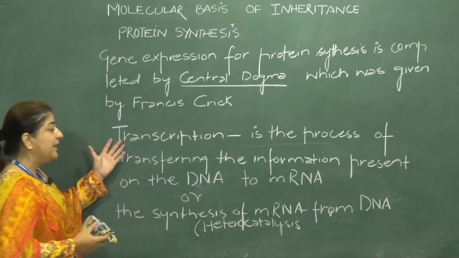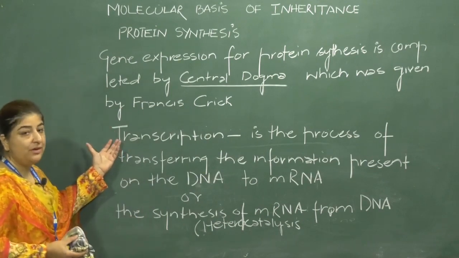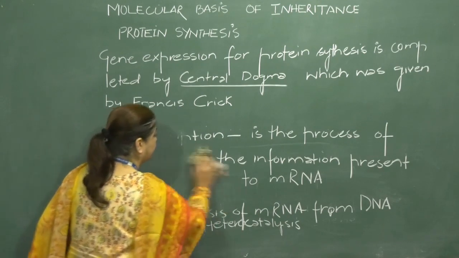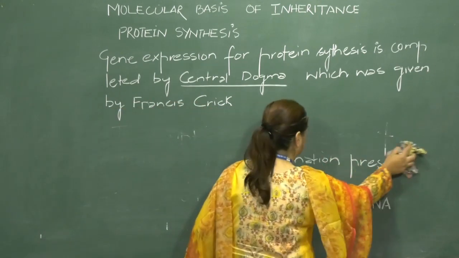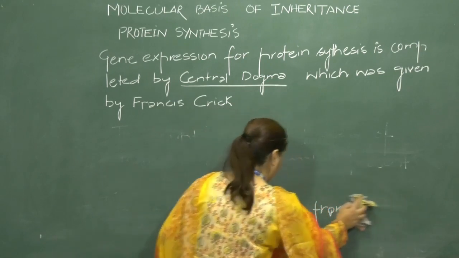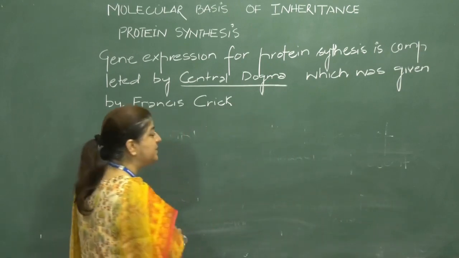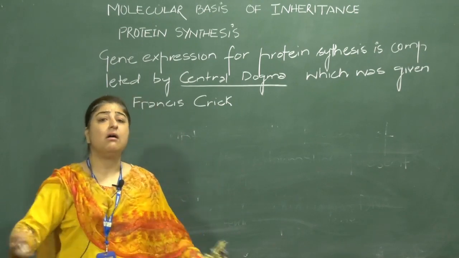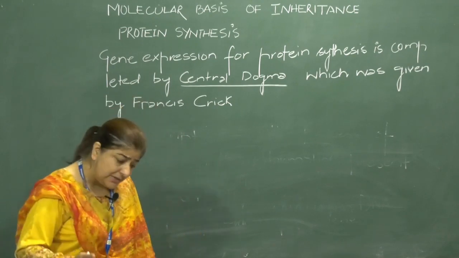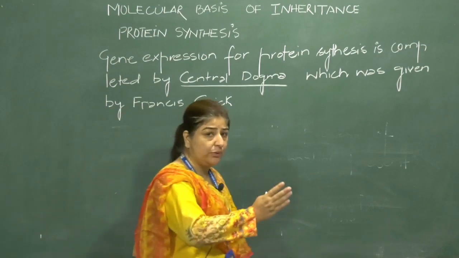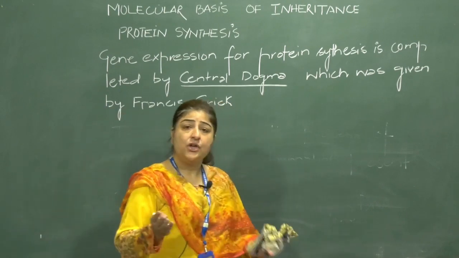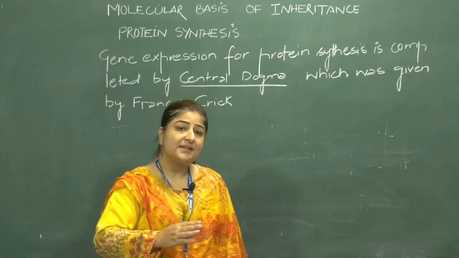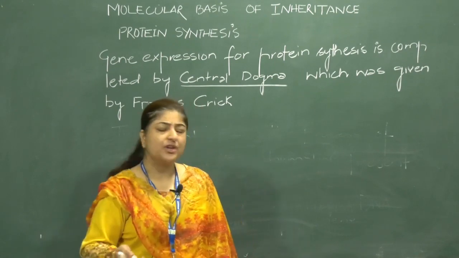So when we elaborate this transcription, as I told you, in case of eukaryotes, the DNA is a long linear molecule and it is not active throughout. In this DNA, there are certain units which can transcribe and there are certain regions which cannot transcribe.